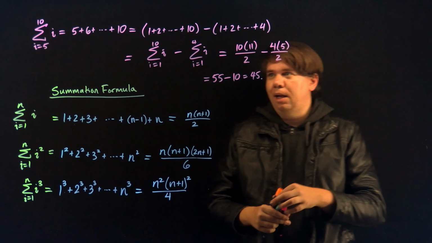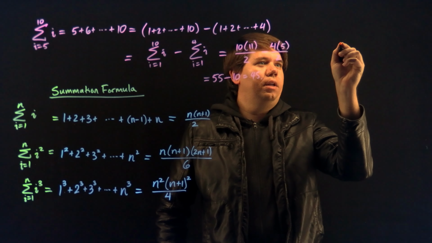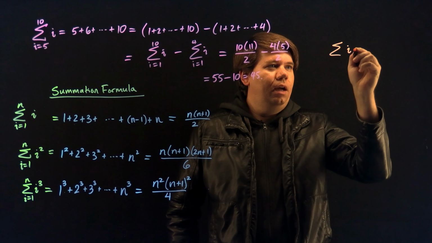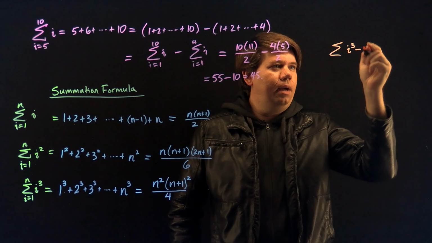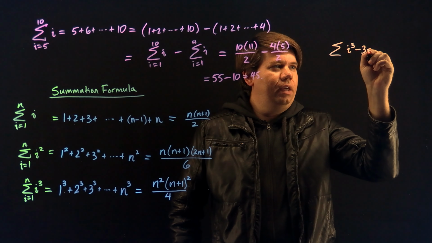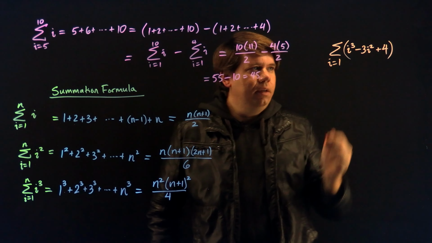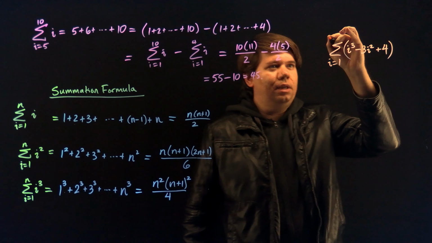Suppose you're asked to calculate the sum of i cubed minus 3i squared plus 4, where i goes from 1 to whatever number you want. Let me just say we go to n.